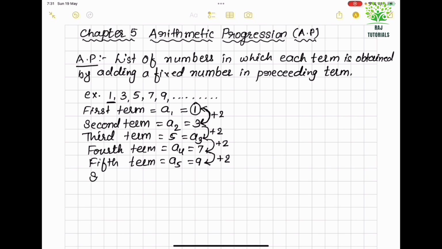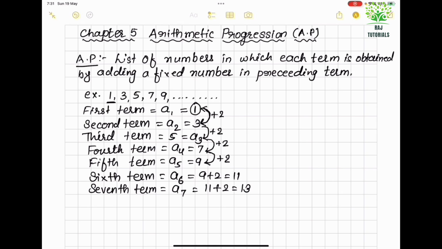Now if the sixth term is asked, A6 will be 9 plus 2, so that will be 11. 7th term A7, that will be 11 plus 2, so that is 13. So this way I can find out as many terms as they have asked me.